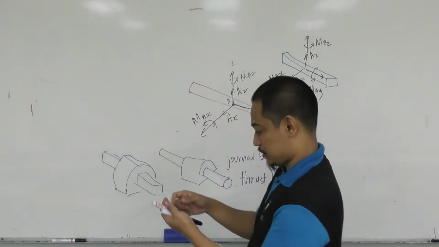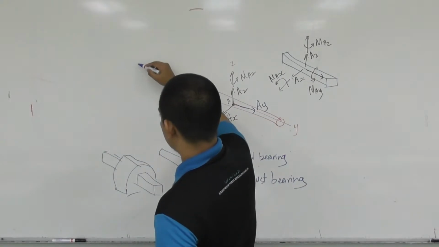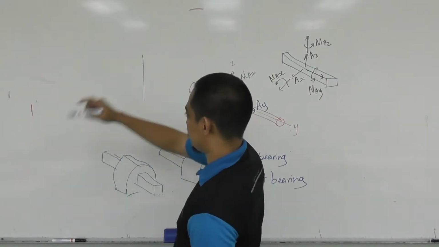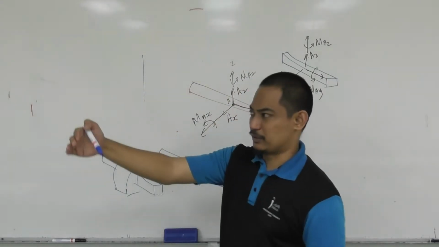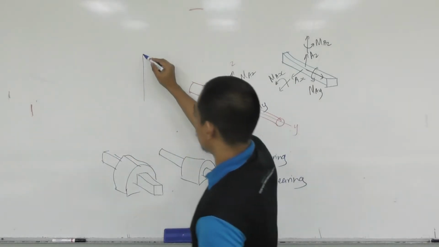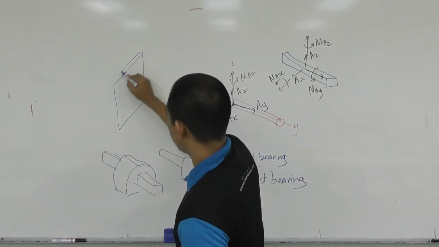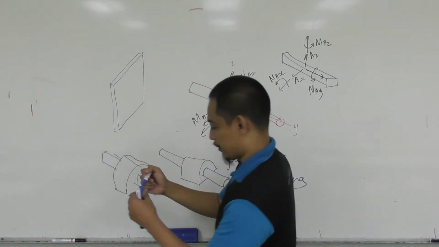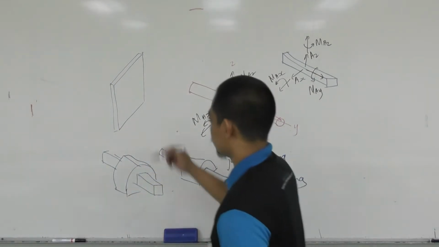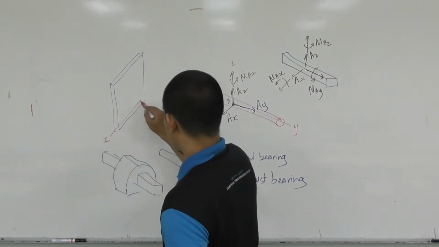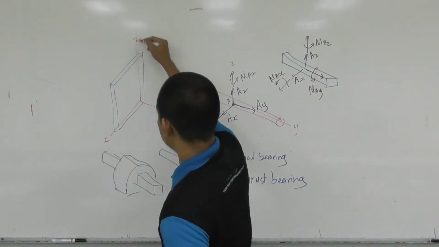So when you draw it, if I am to draw the door, let's say the door is something like this, and if I assume that one is on the x-axis, the door is something like this, where x is here, y is here, z is there.